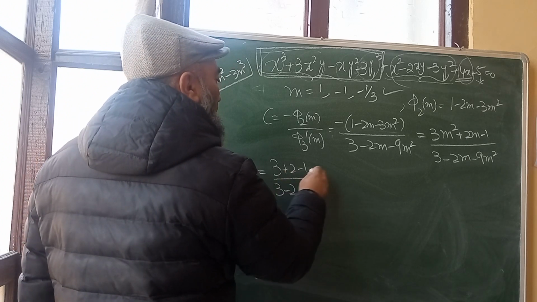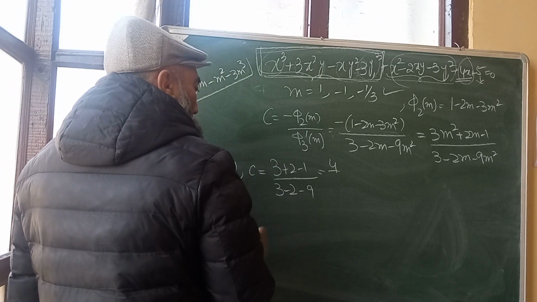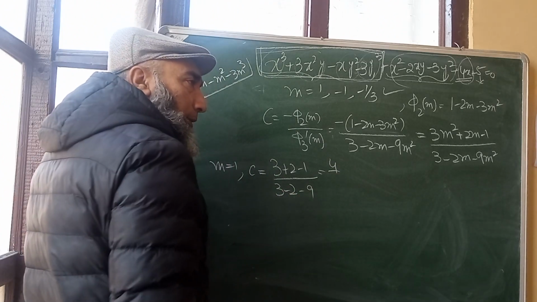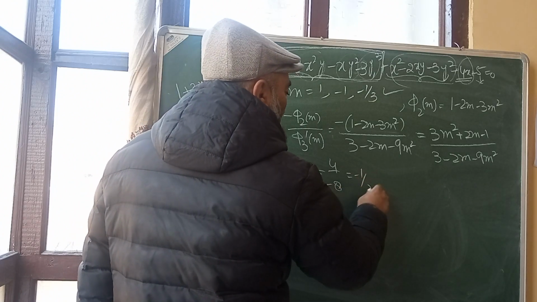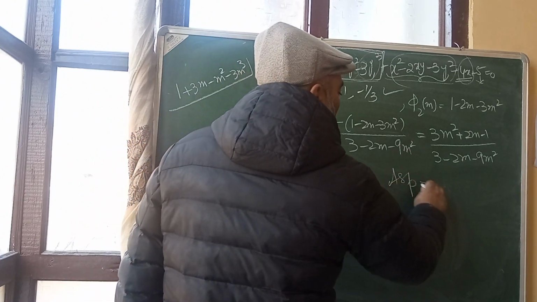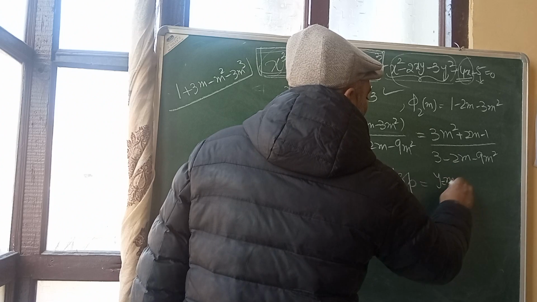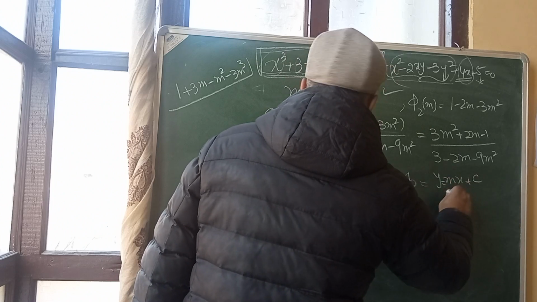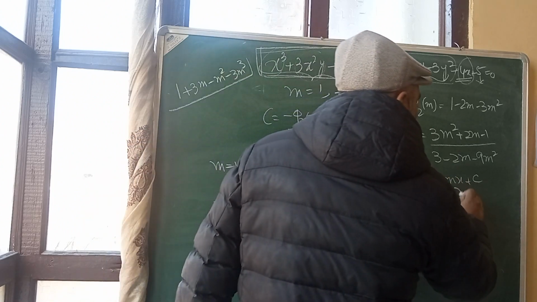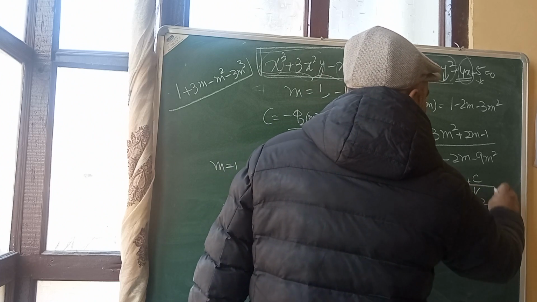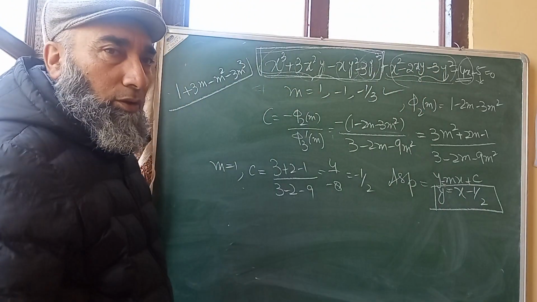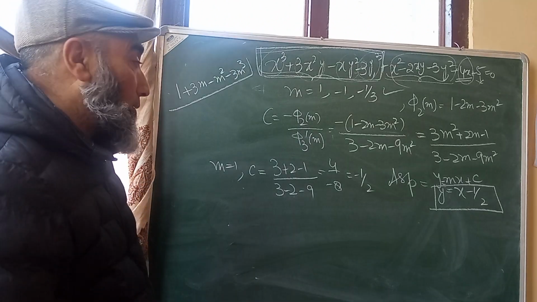So 4 by minus 8, so minus half. So what is the asymptote? y equal to mx plus c. Your m is 1 and your c is minus half. So this is an asymptote, a straight line, an oblique asymptote.